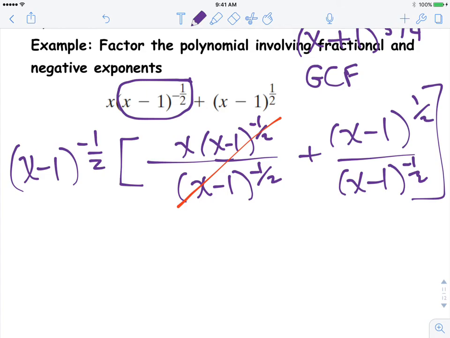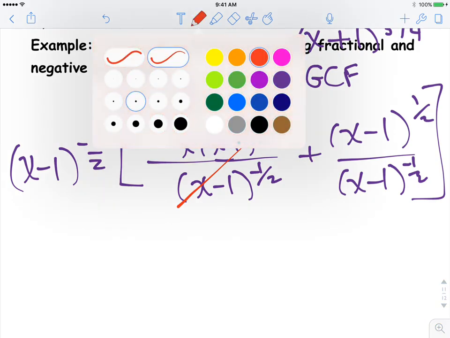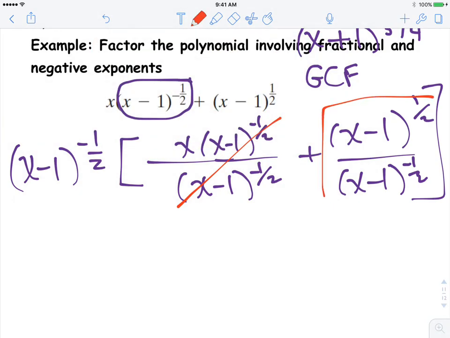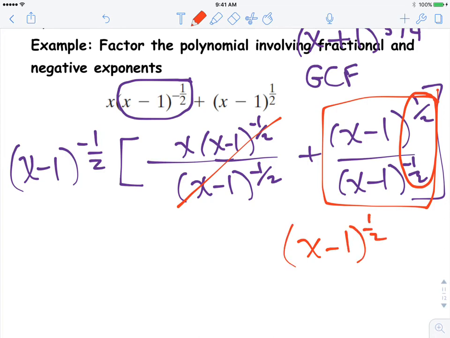Now to continue simplifying, the next step, since these are like bases, they're both base x minus 1, and division, we're going to subtract those powers. So it's going to be x minus 1 raised to the 1/2 minus negative 1/2.